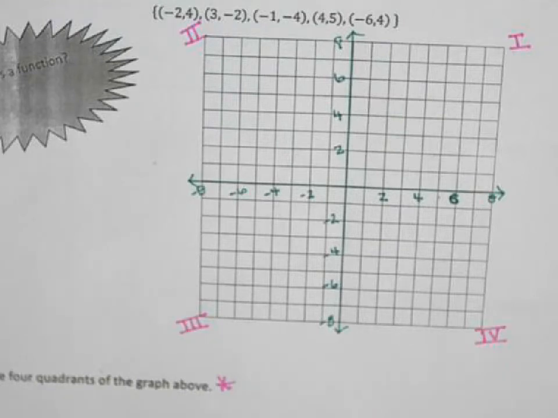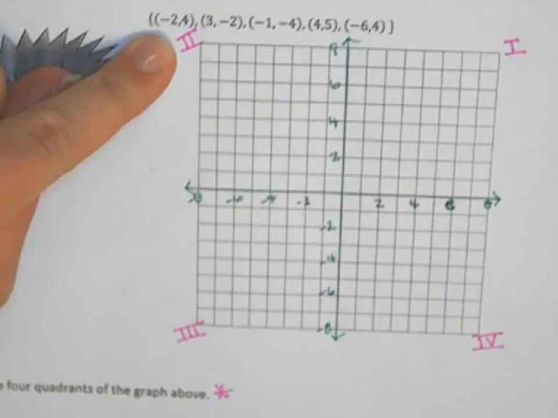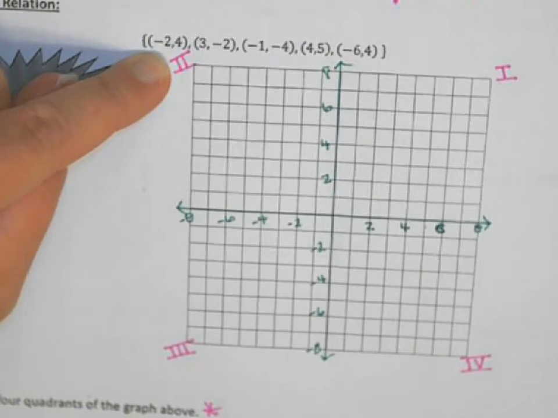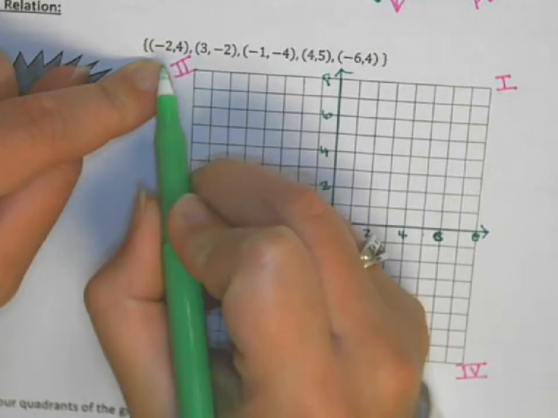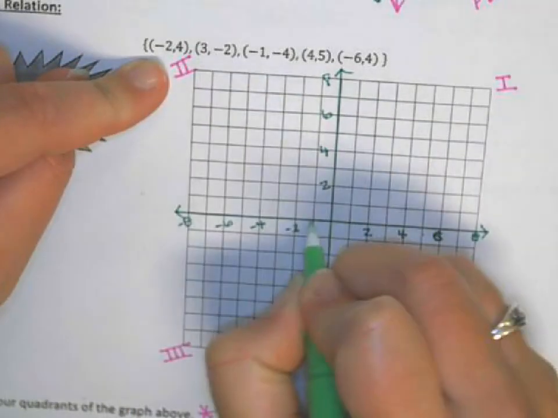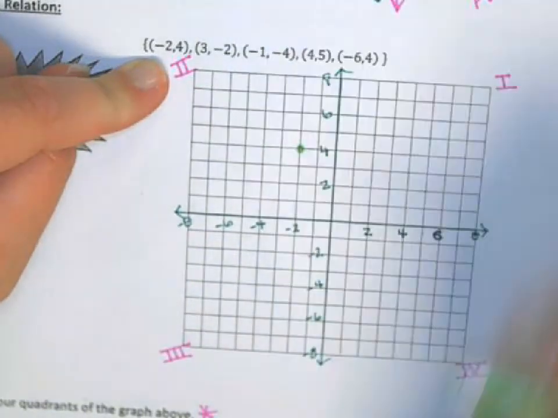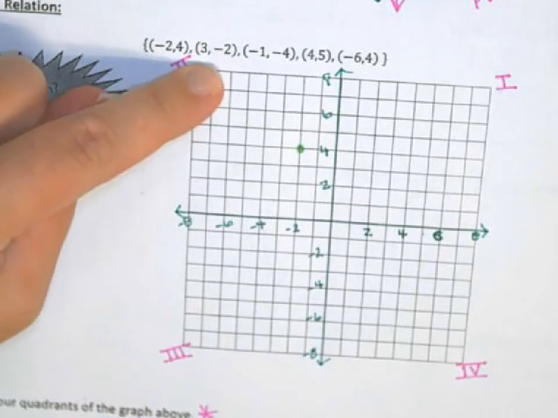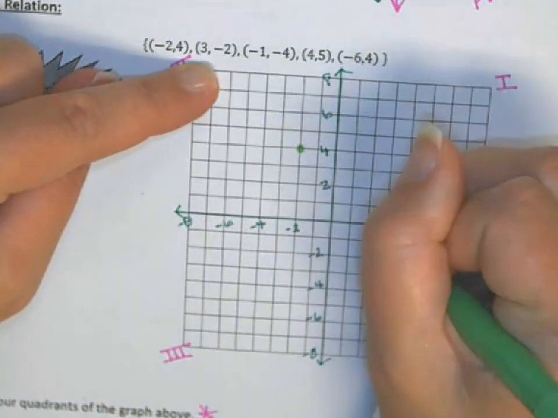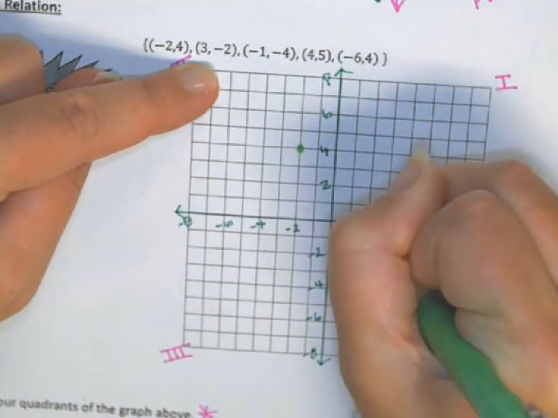All right, so now we're actually going to plot those 5 points that it told us. That's why we did that plotting activity today, because it's important we know how to graph these points. So this says go left 2, up 4. You have a point there. Right 3, down 2.